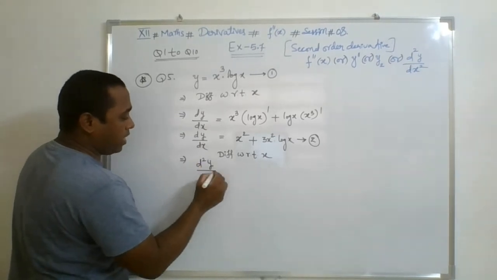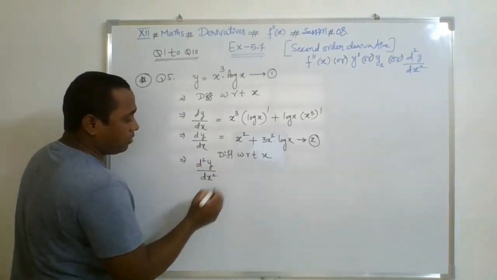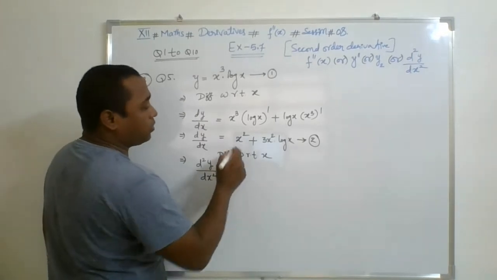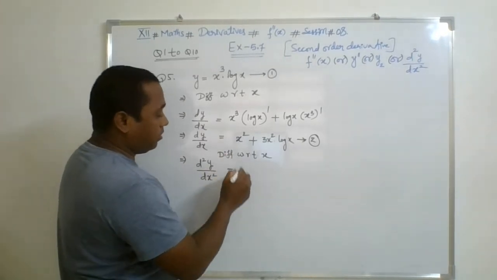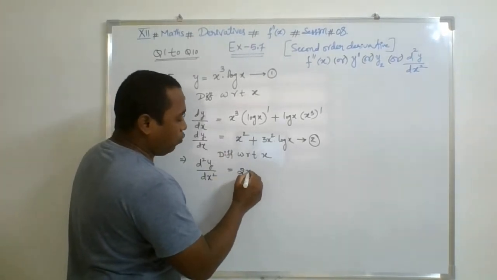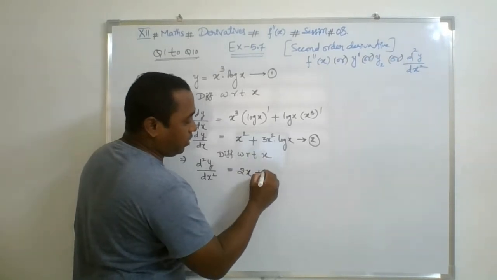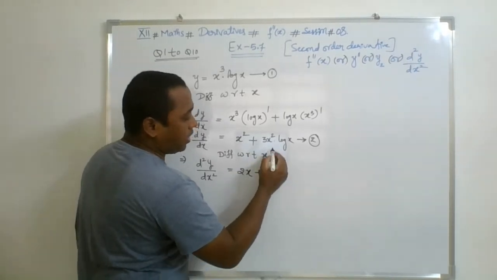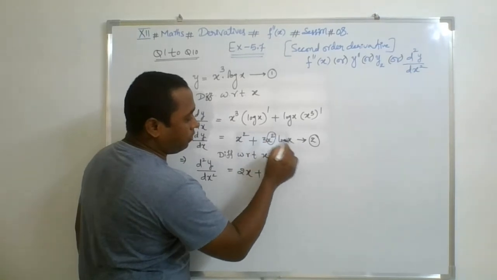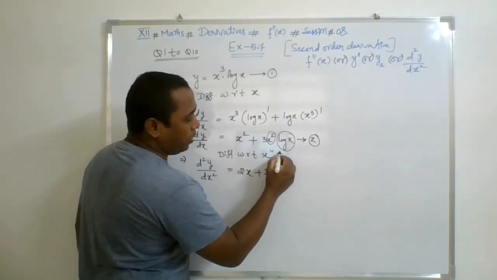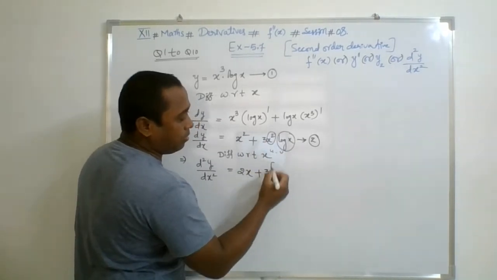d square y by dx square is equal to simply the derivative of x square, which is 2x, and you can keep 3 as a constant. Again, if you observe, it is a product of two functions, so the u and v rule can be applied.